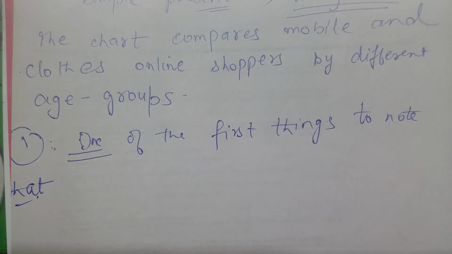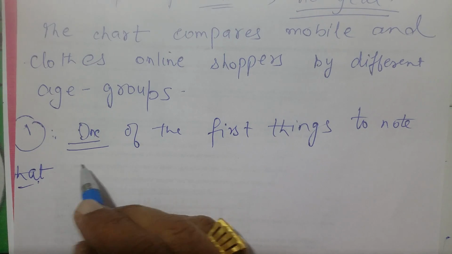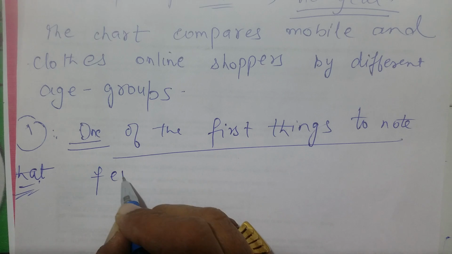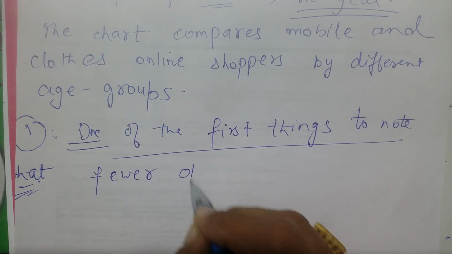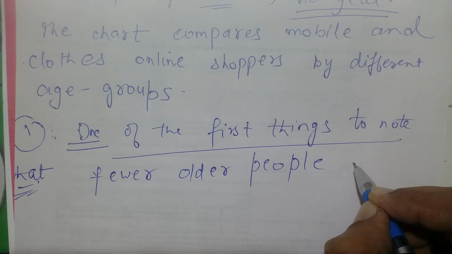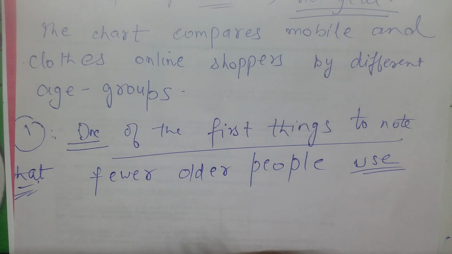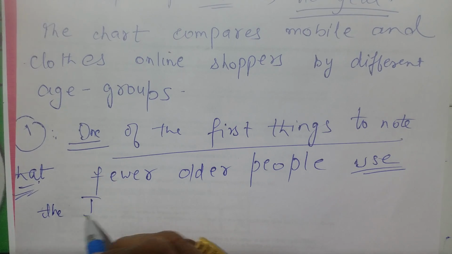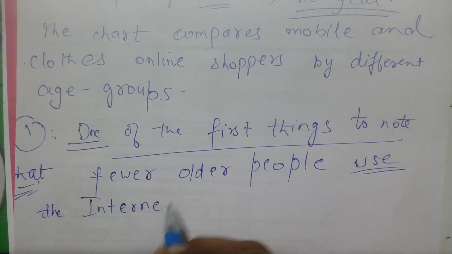So one of the first things to note that main points, few older people use simple present. You can write in this way also, so it should be caps here.